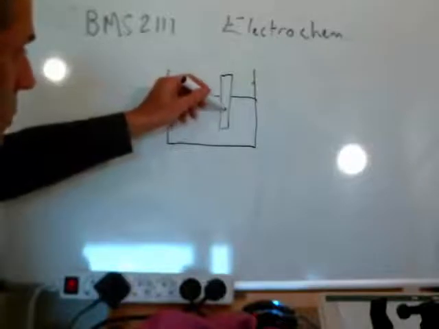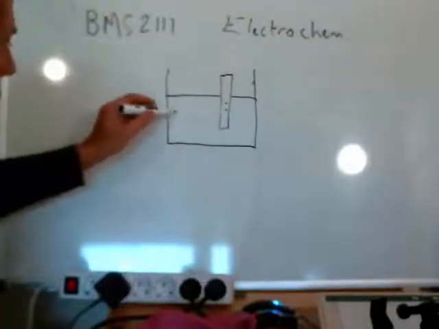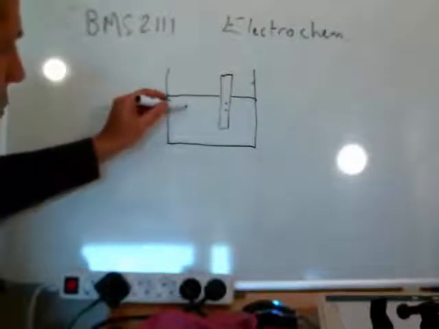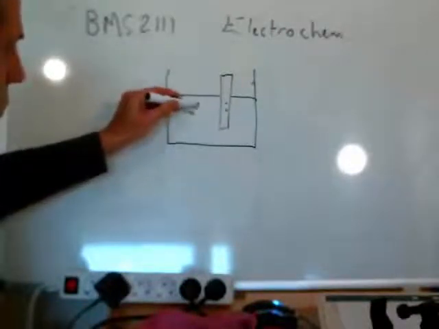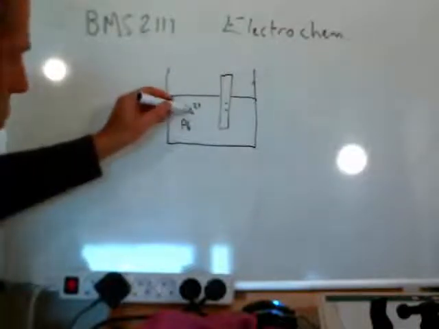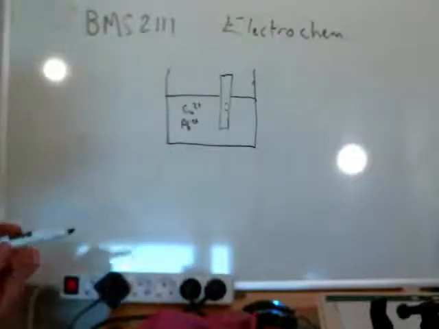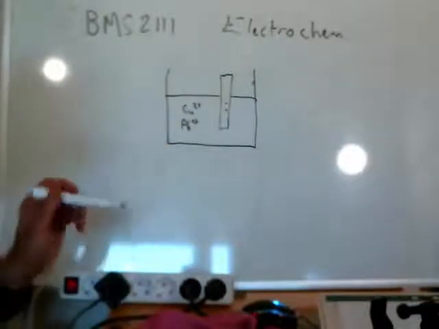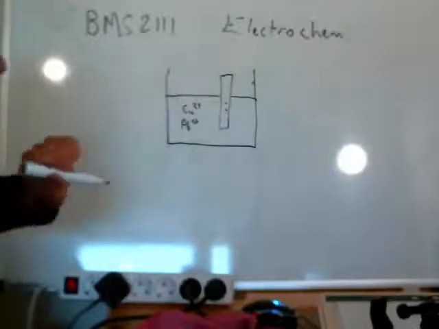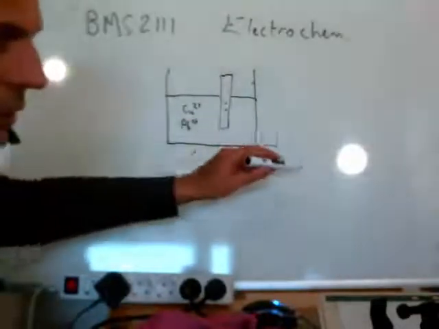But if we put a negative charge on it somehow, which we will explain later, and we have two types of ions in solution, copper and lead, let's have 2+ lead as well, and that they can choose to go onto the electrode, then we will have the same situation as before, but we will have two processes that can happen.